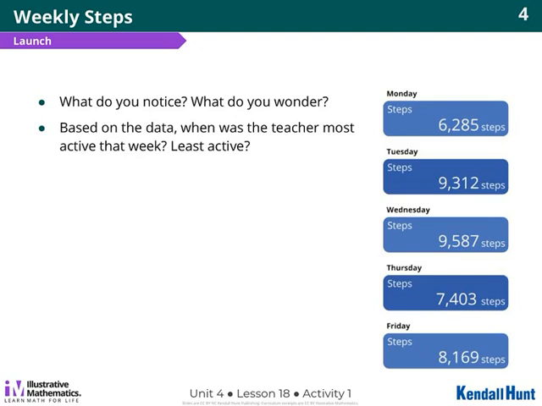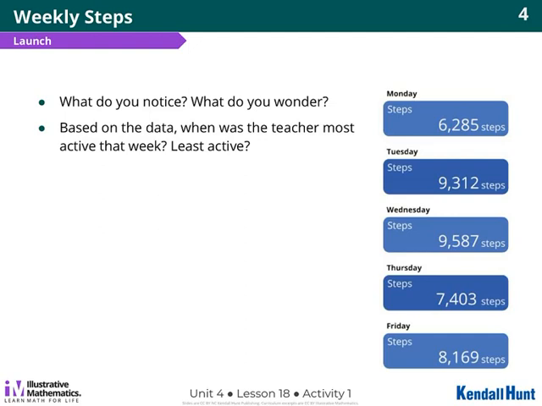Okay, what do you wonder? Those were all really good notices. Wonders are questions. All right, Brayden. I wonder why it's a 4-digit number, not like a 5-digit number or 6-digit number. Okay, you can have a magic ticket. So kind of why didn't they get more steps? Okay. All right, let's hear another one.